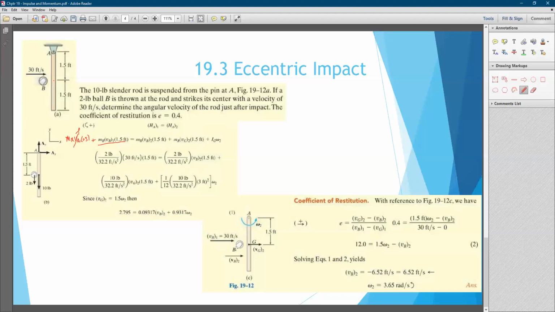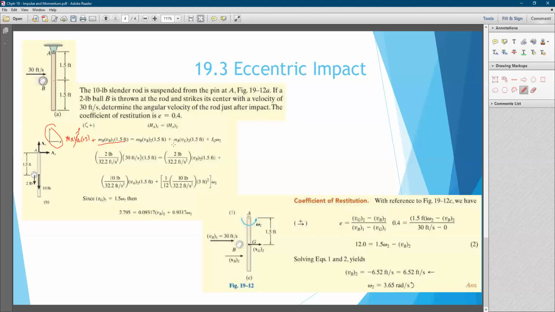Now we assume that the ball is moving to the right hand side, so it is positive. This is our reference axis, the right is our positive. So we assume that the ball is going to the right after the impact.